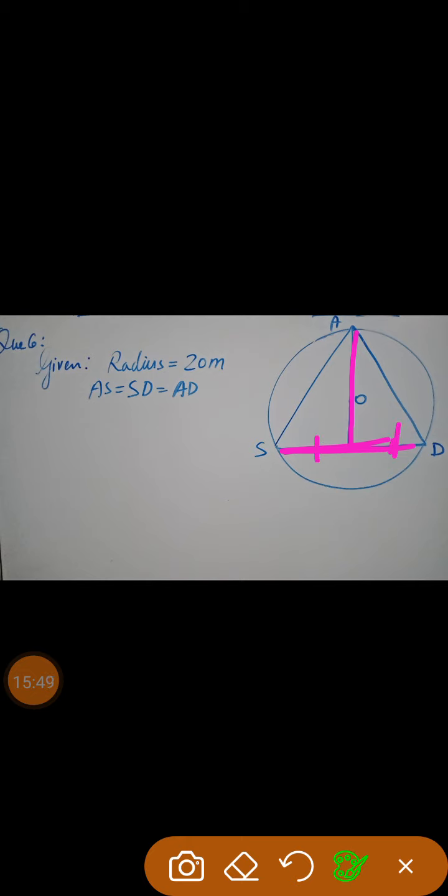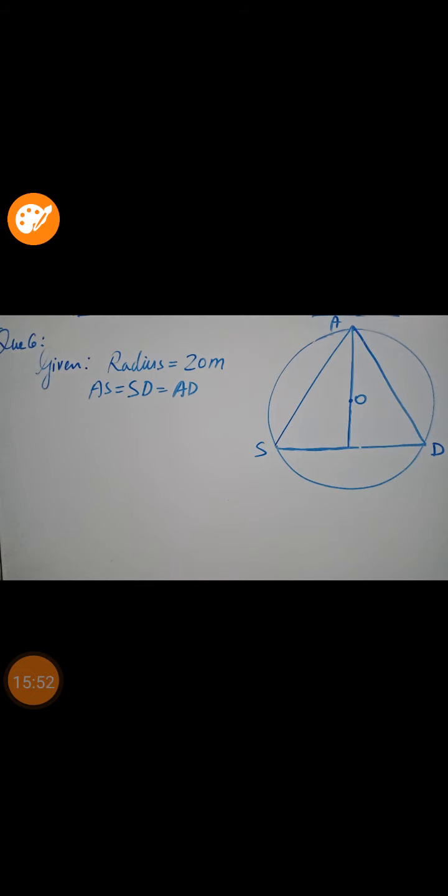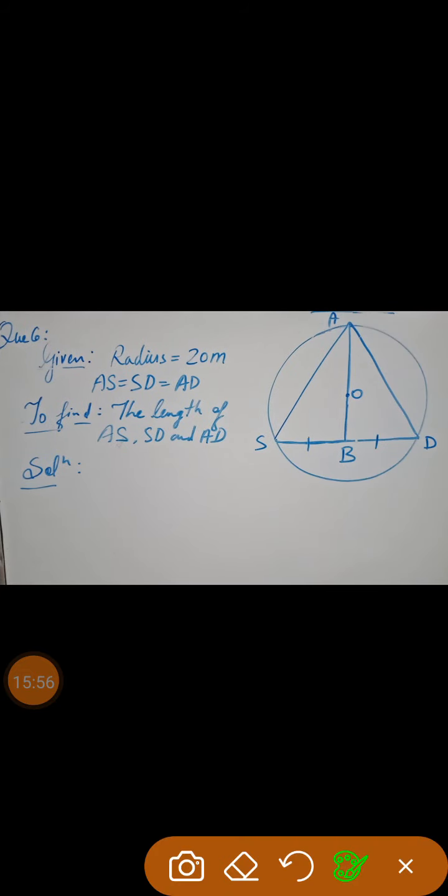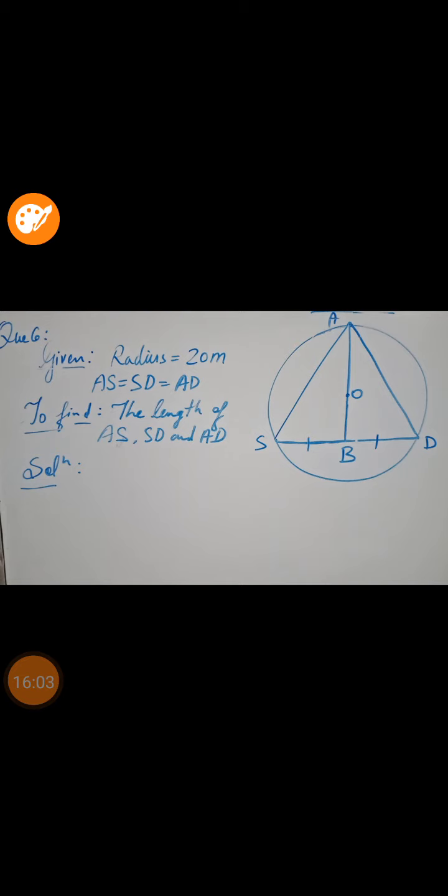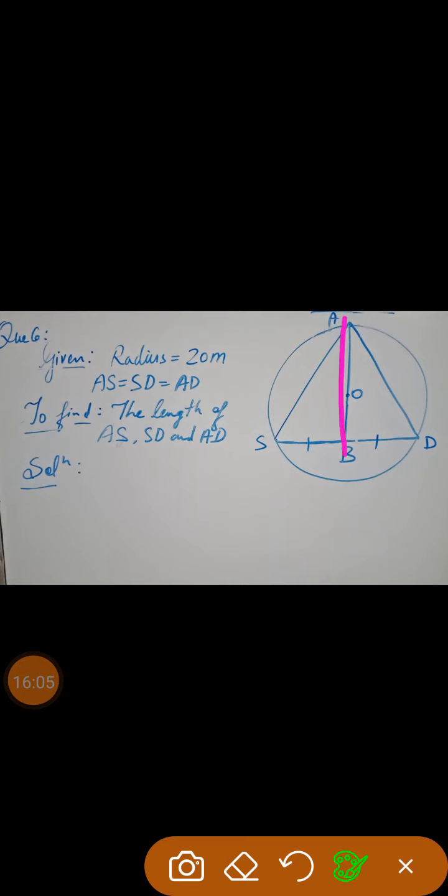In this way we can give a name here also. We are naming this point B because this is A. So this is the median AB, and SD is now divided into two equal parts, SB and BD.